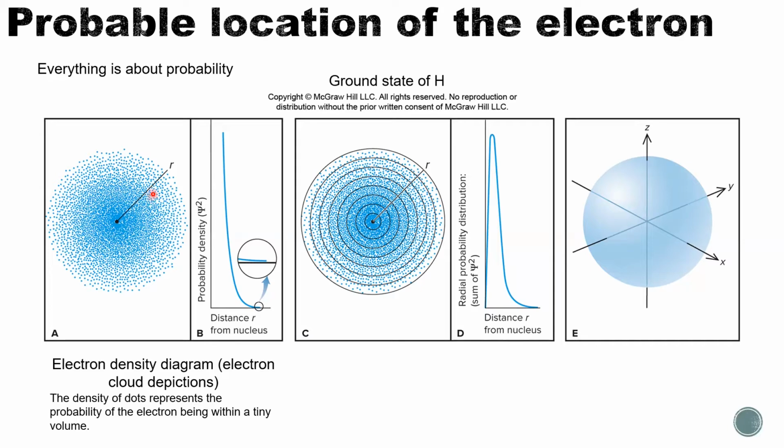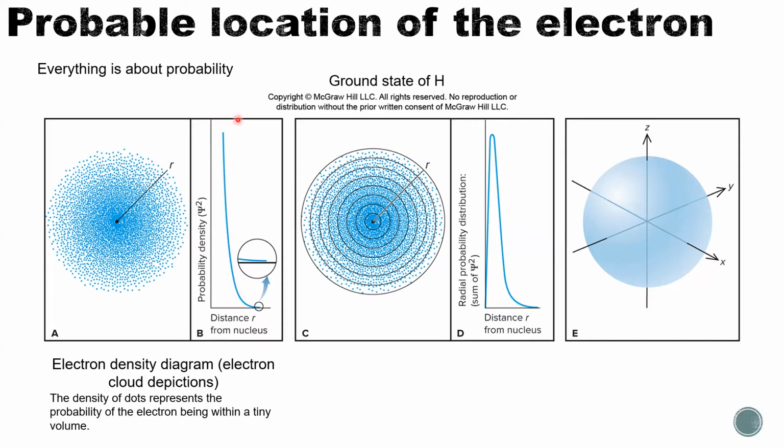If we draw the probability density psi squared over the distance to the nucleus, you can see the diagram in panel B. If the electron is super close to the nucleus, the probability to find an electron there is super high.